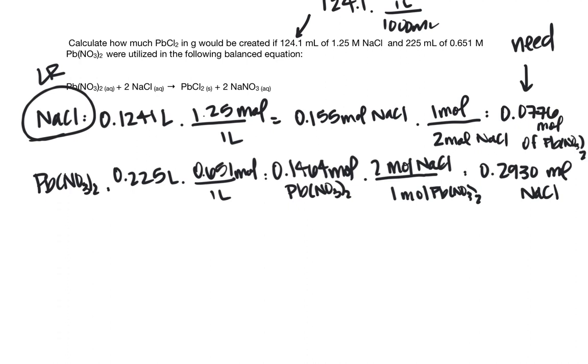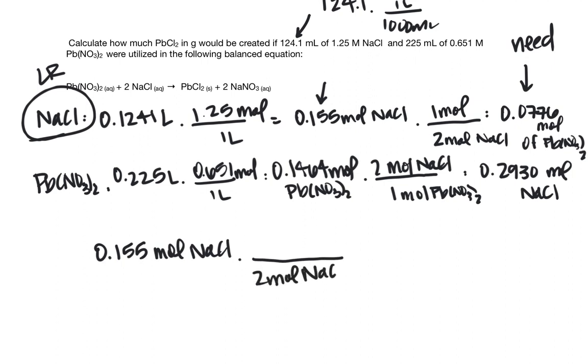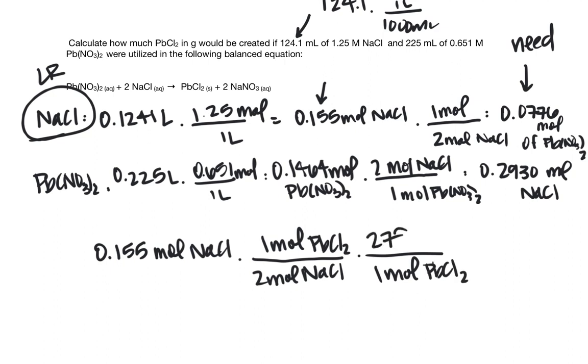Now this asked us to determine how many grams of lead chloride we have. So we can set this up, but we're going to start with this number, 0.155 moles of NaCl, and there are 2 moles of NaCl for every 1 mole of PbCl2. 1 mole of PbCl2 is 278.10 grams.